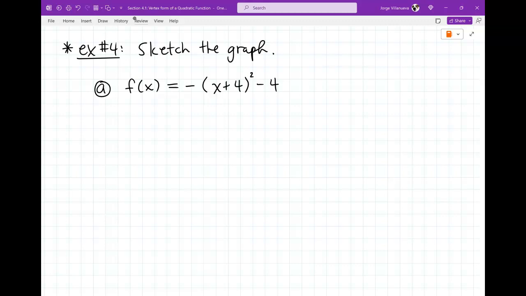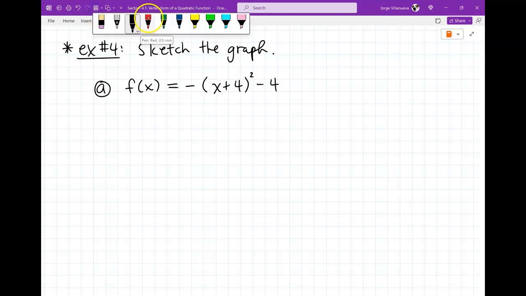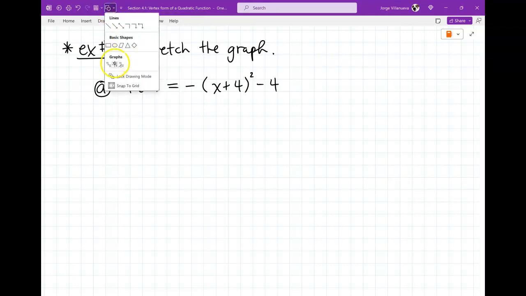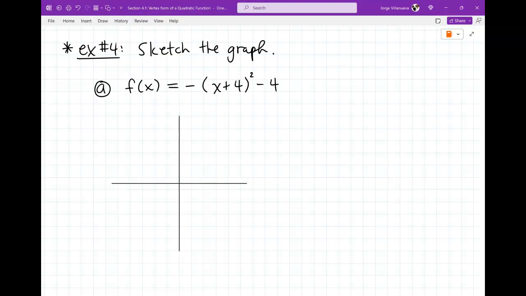But just know f of x is basically just y. Where is my graph? All right, here we go. So I think I made a 5 by 5. Yeah, that's 5 to the right, 5 up.